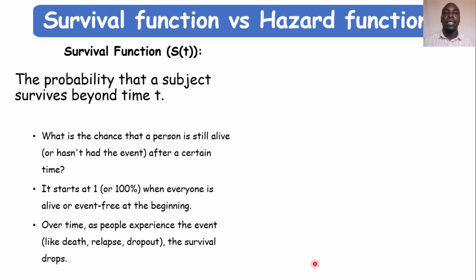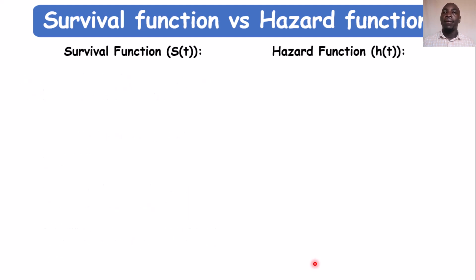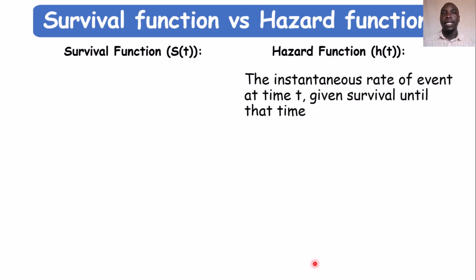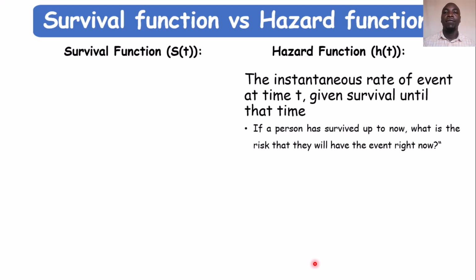the survival drops. On the other hand, the hazard function is the instantaneous rate of the event at time t given survival until that time. This is similar to asking yourself the question: if a person has survived up to now, what is the risk that they will have the event right now as we speak?